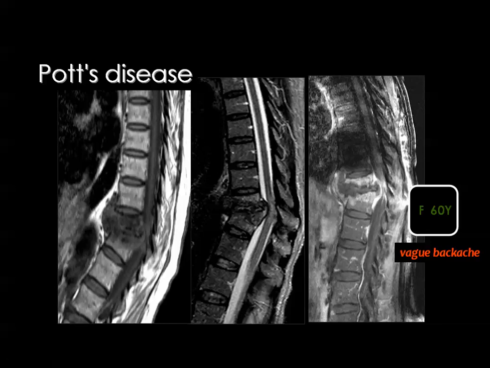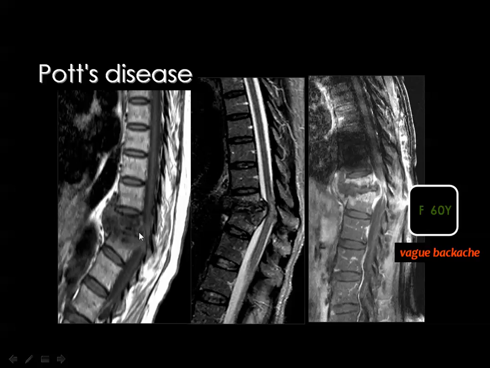One of the features of TB and other inflammatory processes in the spine is to cause gibbous deformity because of the collapse of the involved vertebrae and loss of height, and you get kyphus deformity at the level of the lesion.